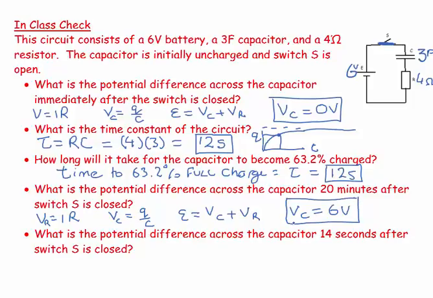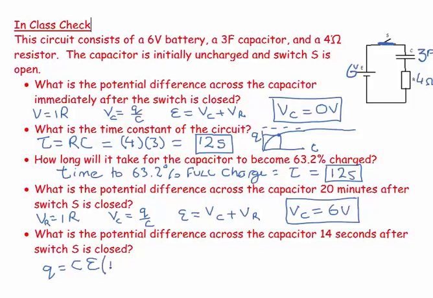And then the last little bit, what is the potential difference across the capacitor 4 seconds after the switch is closed? Well, I can say my charge on the capacitor is equal to my capacitance times my EMF, my electromotive force.